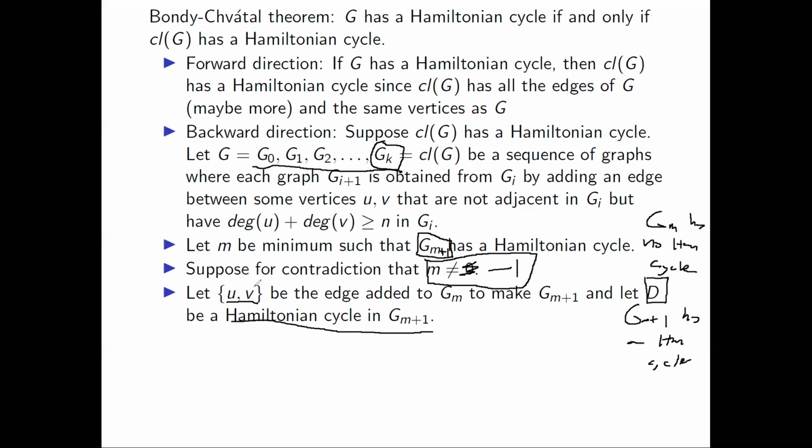So there has to be some edge uv that was added to gm to get gm plus 1. So d is a Hamiltonian cycle in gm plus 1. Since gm has no Hamiltonian cycle, the Hamiltonian cycle in gm plus 1 must use that edge uv.